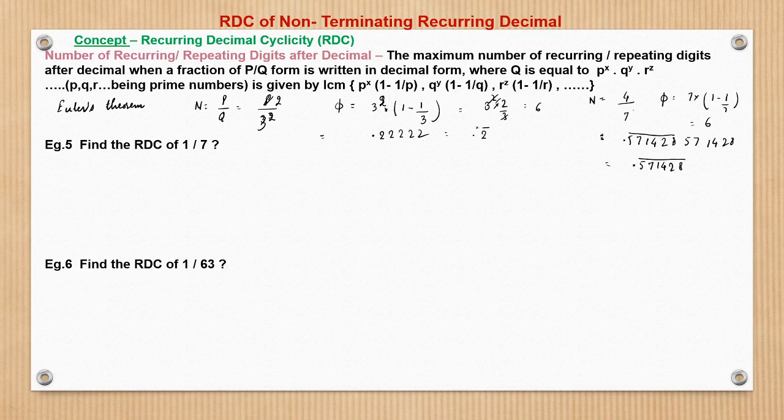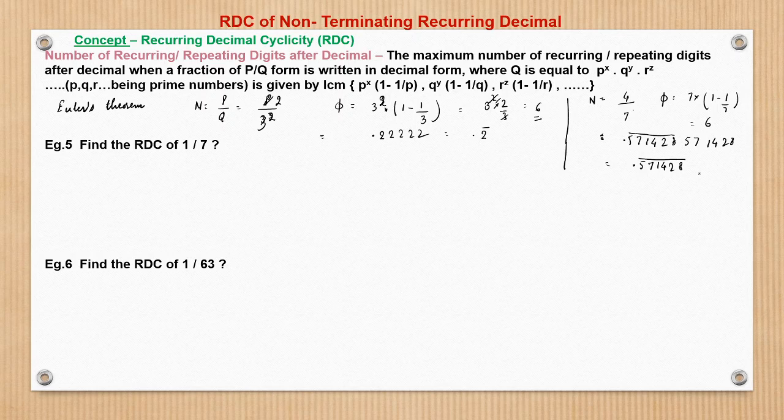Here the number of recurring digits is only 1, whereas Euler's formula had given the maximum cyclicity 6. So what we said is that this gives a maximum. It may be a factor of this. Factors of 6 are 1, 2, 3, or 6. Here we are getting 1, whereas in the earlier case Euler gave us the maximum cyclicity of 6, and the actual cyclicity also came out to be 6. So I hope up to this point the concept is clear.